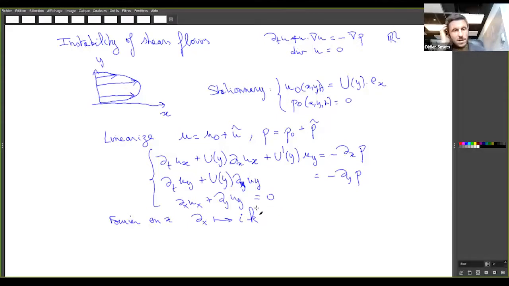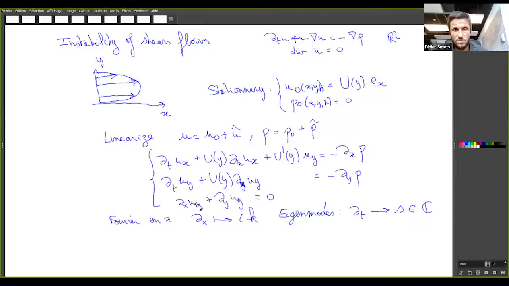And I will then consider linear stability. So I'm considering eigenmodes. I will look for eigenmodes. So I also replace the time derivatives: I replace the ∂t by the eigenvalue. Okay, so let me call it s. And in principle, it could be complex because this linearized system is not self-adjoint, not skew-adjoint either.